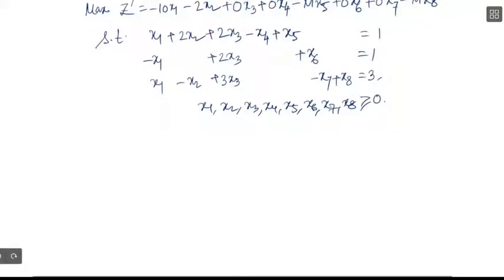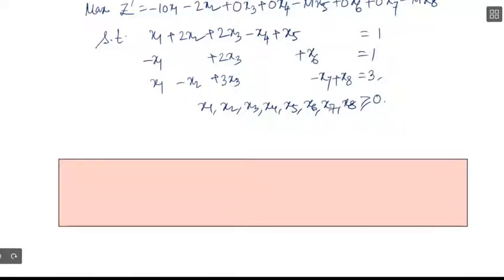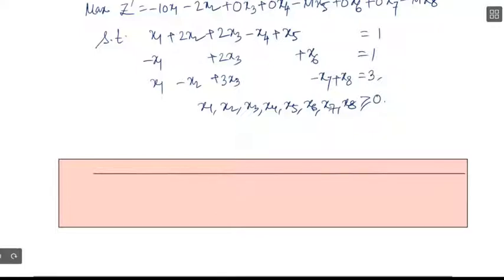Now we start the simplex table. In the first column we will take the basic variables, we denote by VB.